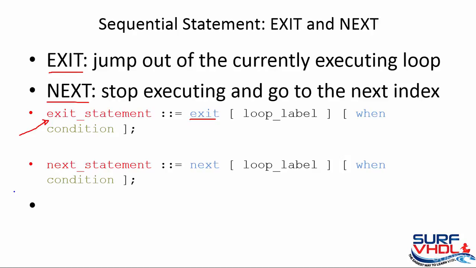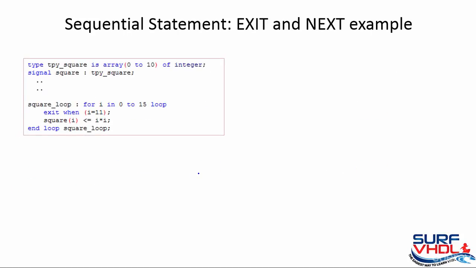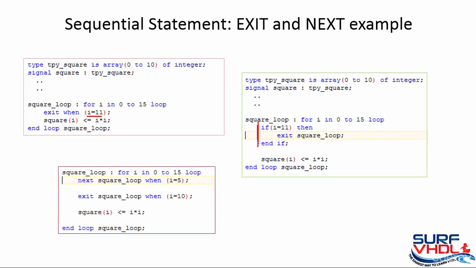If we want to stop executing the statement sequence at a certain index of the current iteration and go to the next index, VHDL allows using the next statement. In this code, when the loop reaches iteration number 11, the exit statement breaks the loop's iteration and exits. This code is equivalent to the previous one, where the condition is evaluated using the if statement.